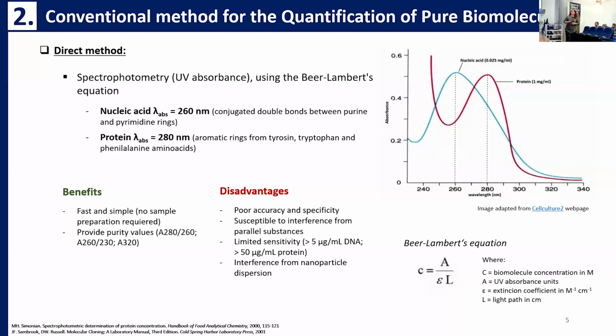In particular, for the analysis of nucleic acids and proteins, their major signal in the absorbance is when we analyze them at a wavelength of 260 nanometers for nucleic acids and 280 for proteins.